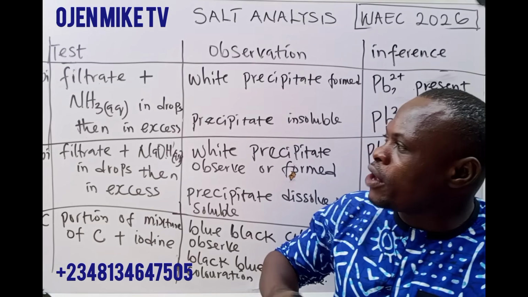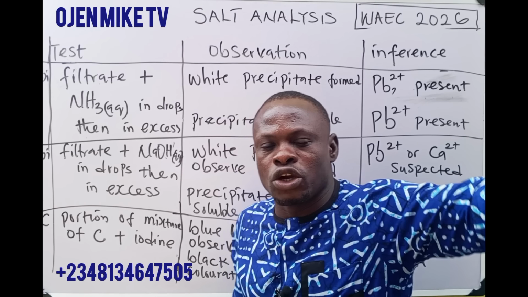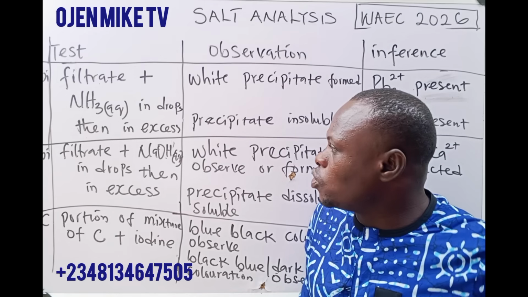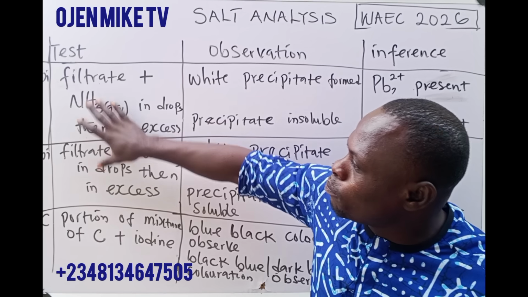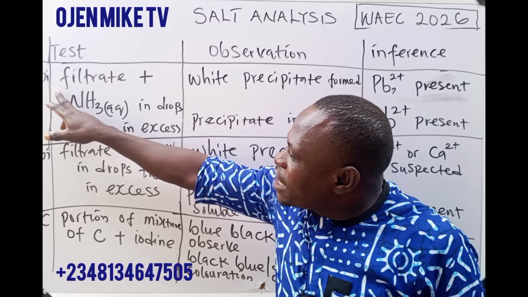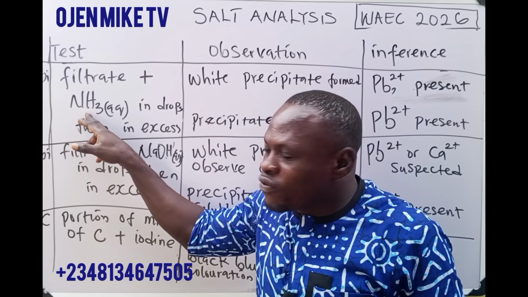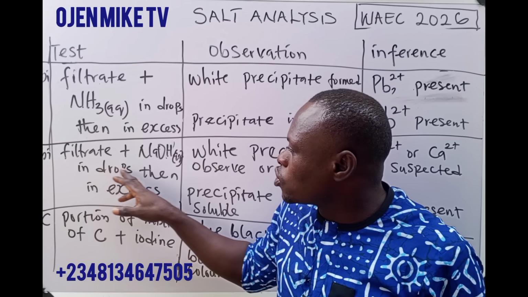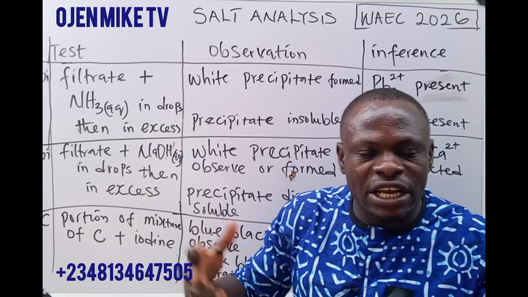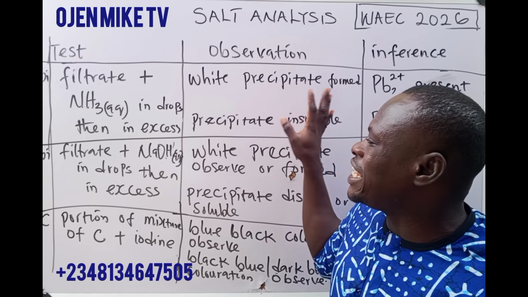When you get the two, you use either the one of HCl or the one of HNO3. Both of them will carry this point. WAEC might ask you to use either the solution of ammonia or the solution of sodium hydroxide. I have given you these two steps so that whichever they give you, you can just report it exactly like this.